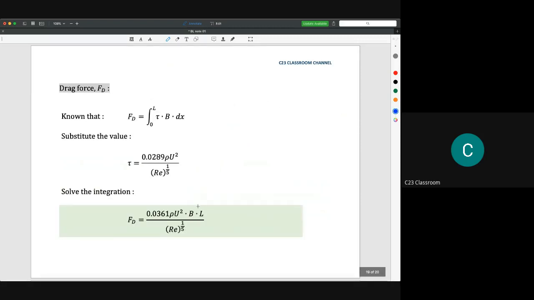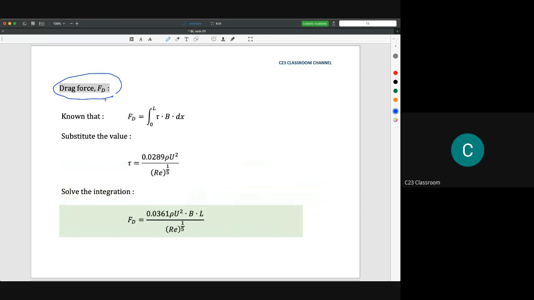Okay, and then the drag force here. As I said in the first slide in chapter 4, the reason why we study the boundary layer is because we want to know more about the drag force and the lift force as our final product of the boundary layer.